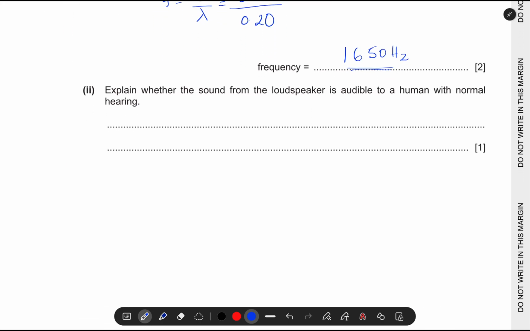Next question. Explain whether the sound from the speaker is audible to a human with normal hearing. Now, how do you explain? Look at the value of the frequency that you have found.